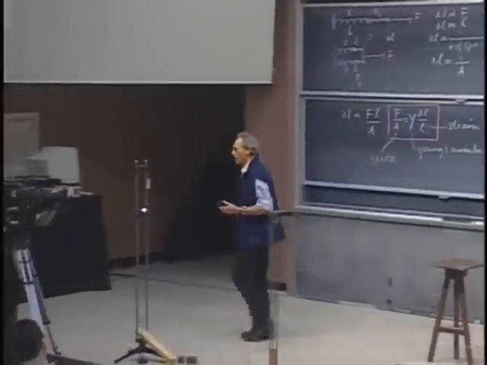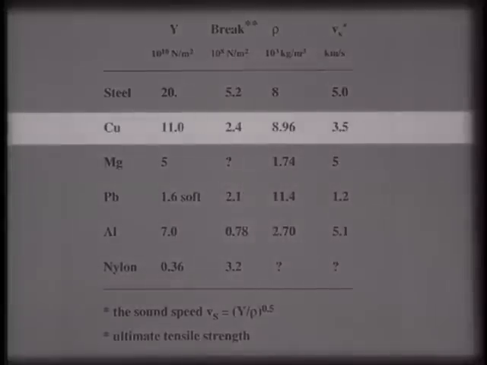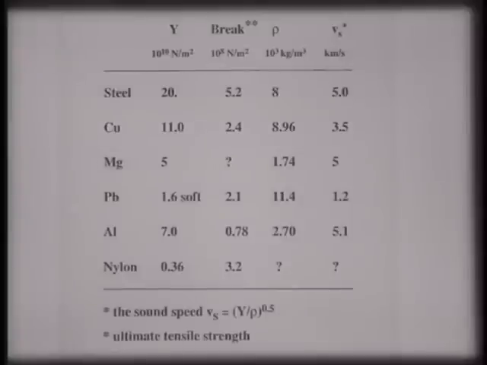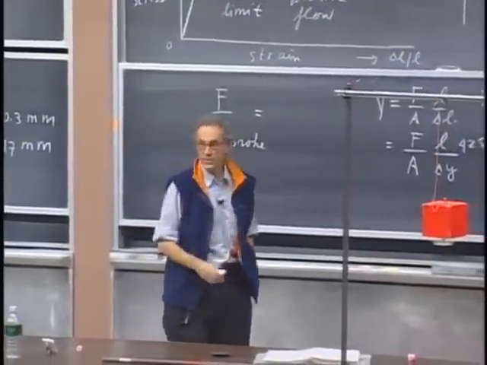Because I think, from what I remember, it is 11 times 10 to the 10th. That's what it is. So that is quite amazing for such a crude measurement that we do here. We can also measure the ultimate tensile strength. In other words, we can measure the value for F over A when it broke. So that happened, I think, wasn't that 8 kilograms?